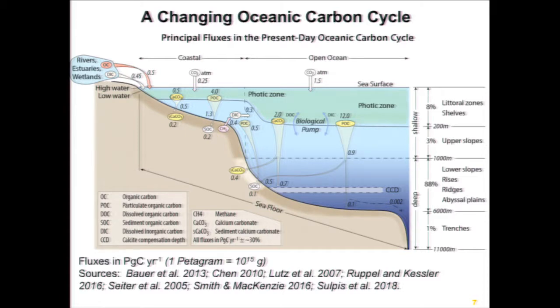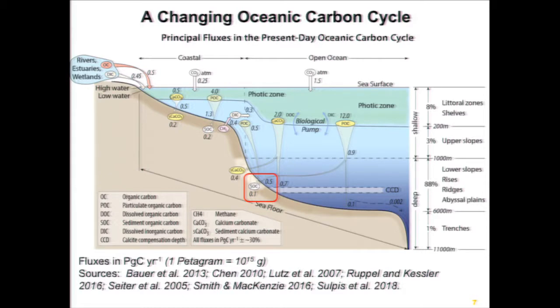And so what I wanted to walk you through now is how we have some estimates for the magnitudes of those fluxes. Will Berelson said, I think at one point, how do you put a number on some of these things? So I want to show you how we put one number on this figure.